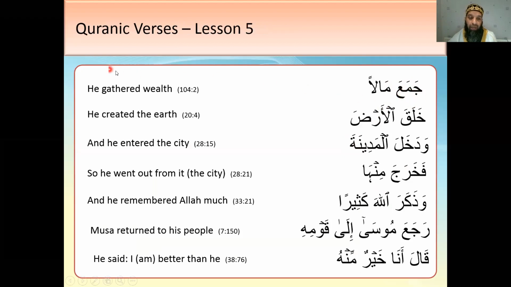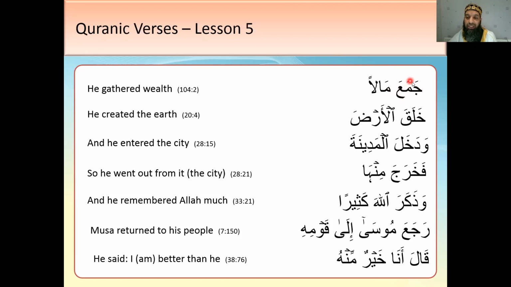So, a sister, please. Jama'a malan. But tell me word for word. What is jama'a? Gathered. More information, not just gathered. Jama'a means he gathered. The way you can tell it's a root word is three letters, and the first and the last have got a fatha on.